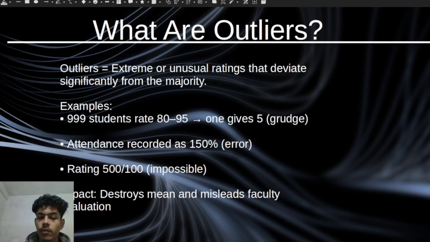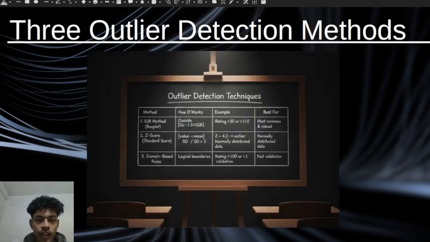Now the three outlier detection methods are, first, the interquartile range method, where we see what lies outside quartile 1 and quartile 3, and we calculate it. For example, a rating which is greater than 110 or less than 30 is an outlier. It is the most common and robust method. Then the Z score.